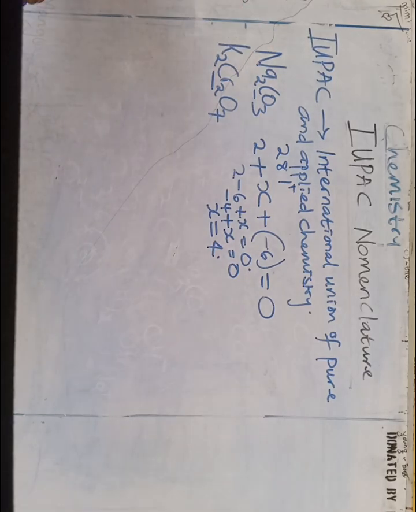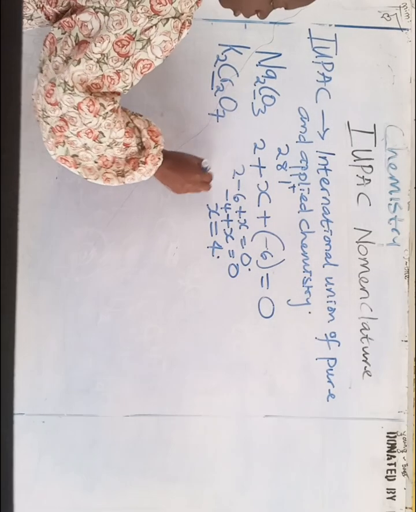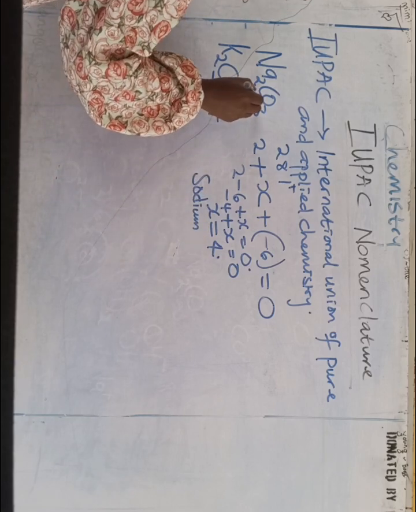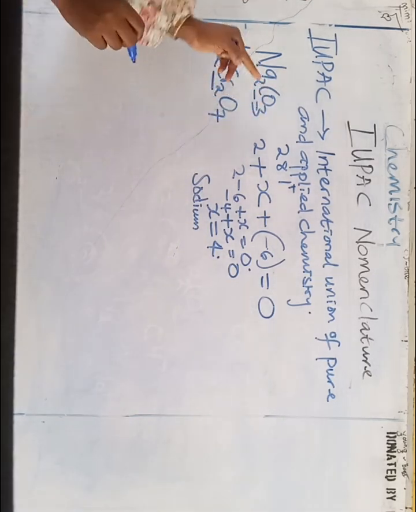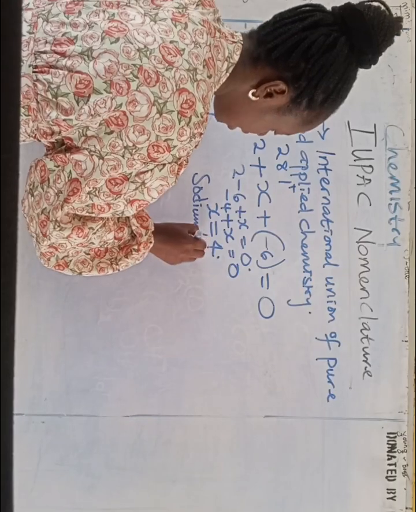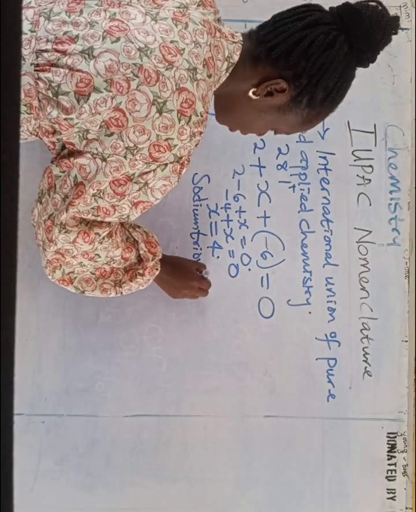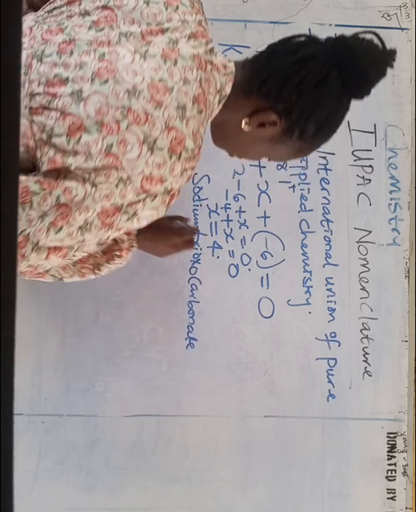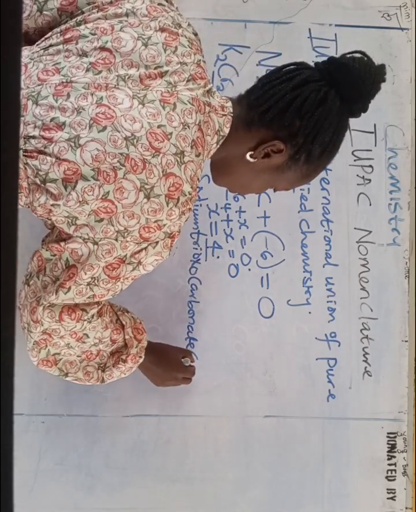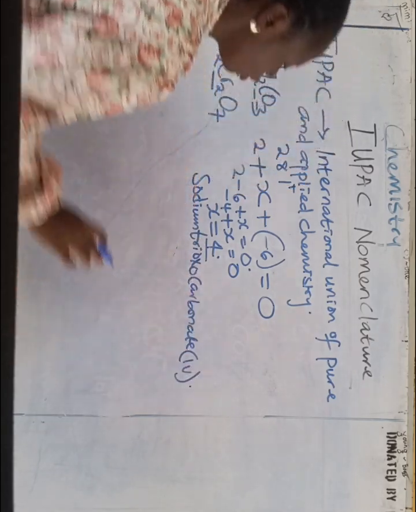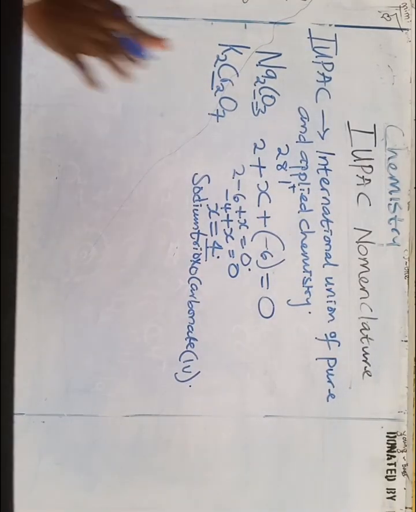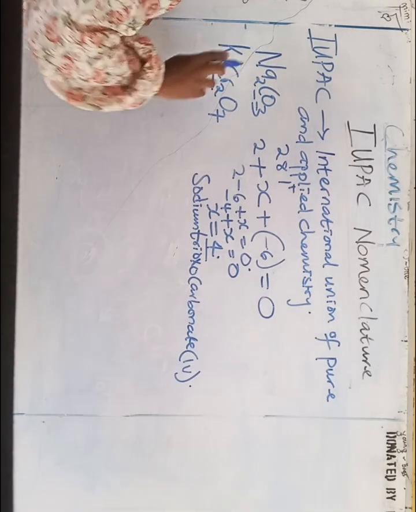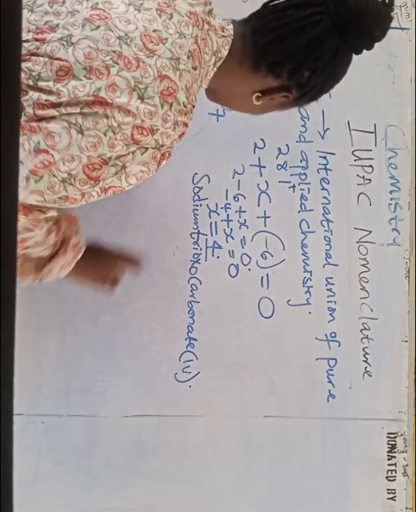So if I want to name this now, I will say sodium trioxo, because my oxygen here is 3. Sodium trioxo carbonate 4 is the name for this compound, because my carbon has an oxidation number of 4 here, so that's why I have carbonate 4.